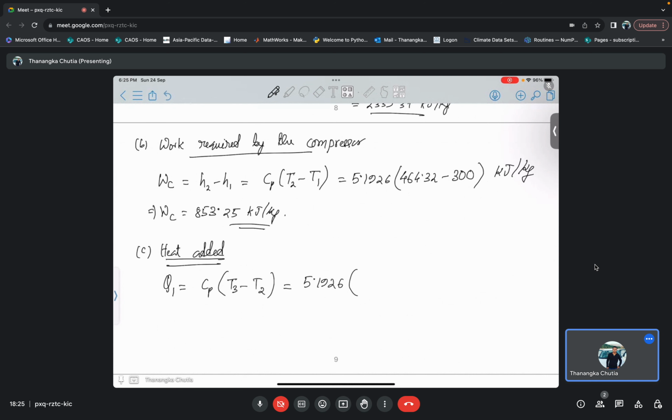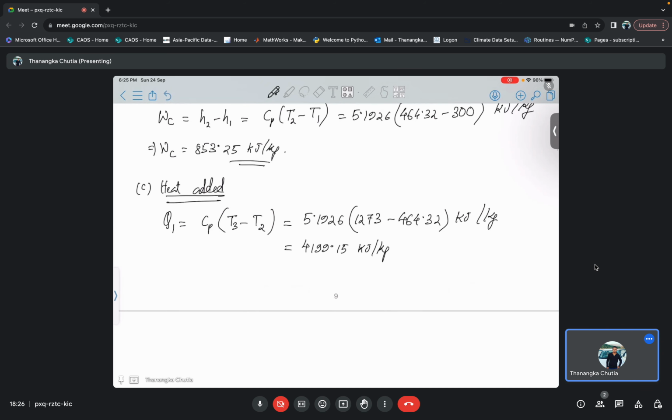What is T3? 1273 and T2 464.32 kilojoule per kg. Okay, 5.1926 into 1273 minus 464.32. This will be 4199.15 kilojoule per kg.